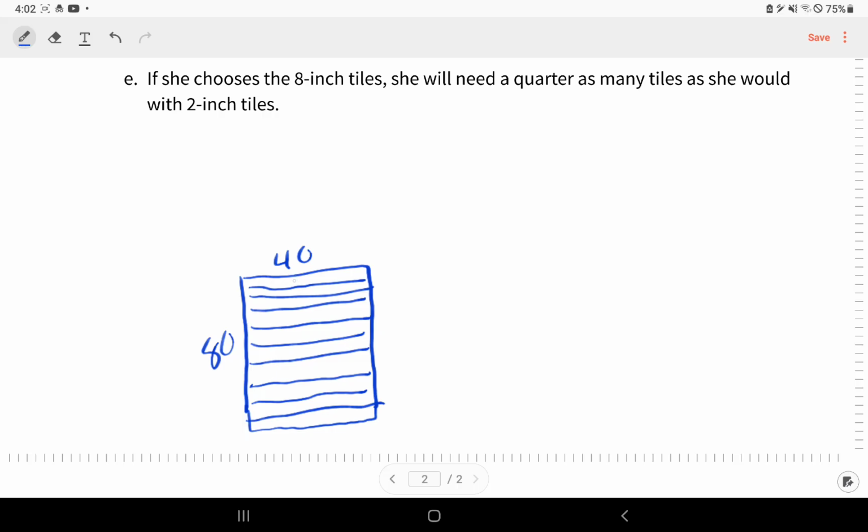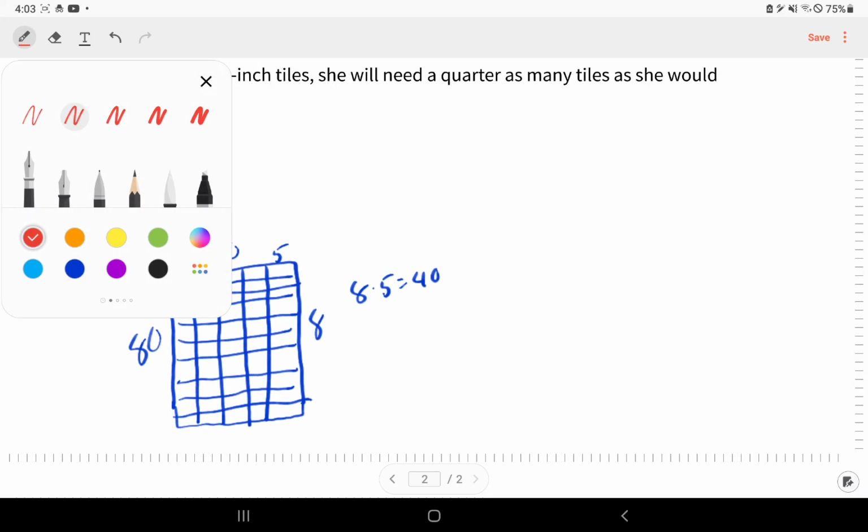And to get to 40, we'll need 5. So I used 8 and 5. Well, 8 times 5 is 40 tiles.